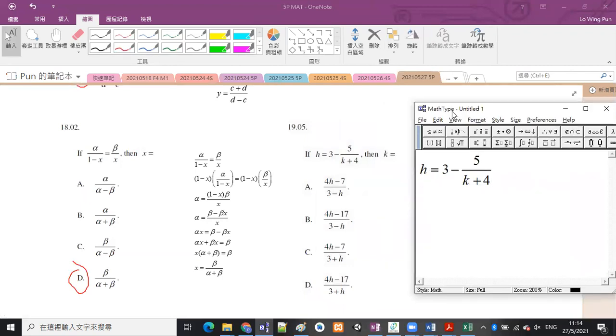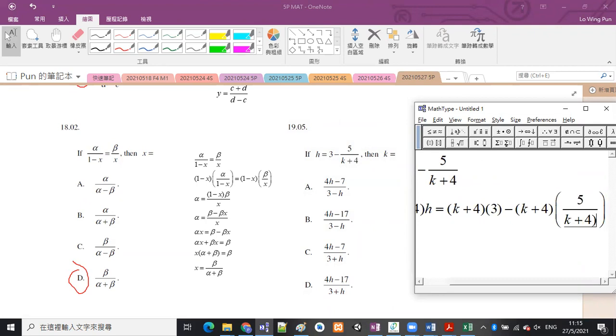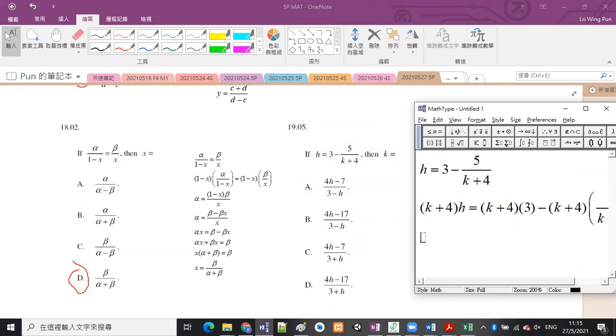I want k to be the subject, but I see fraction. The only denominator is k plus 4, right? So just multiply every term by k plus 4. h is equal to k plus 4, 3 minus k plus 4 times 5 over k plus 4. Like this.